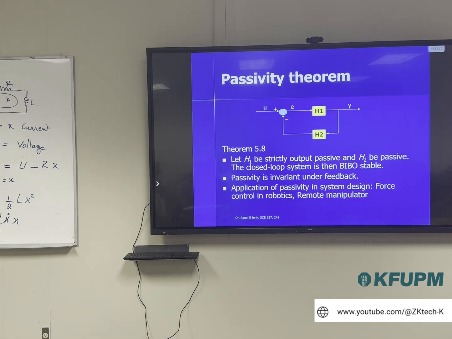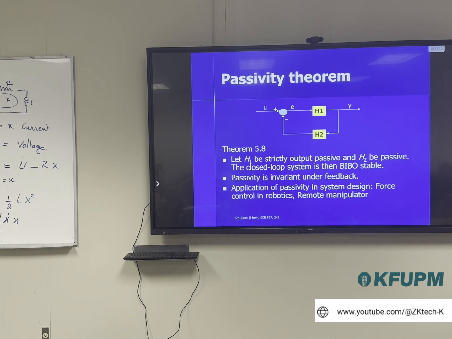Is there any law I can use to know if this system is the kind of system that we're going to use? How will I know? These are specific systems. So we are looking at the special condition of passive systems.